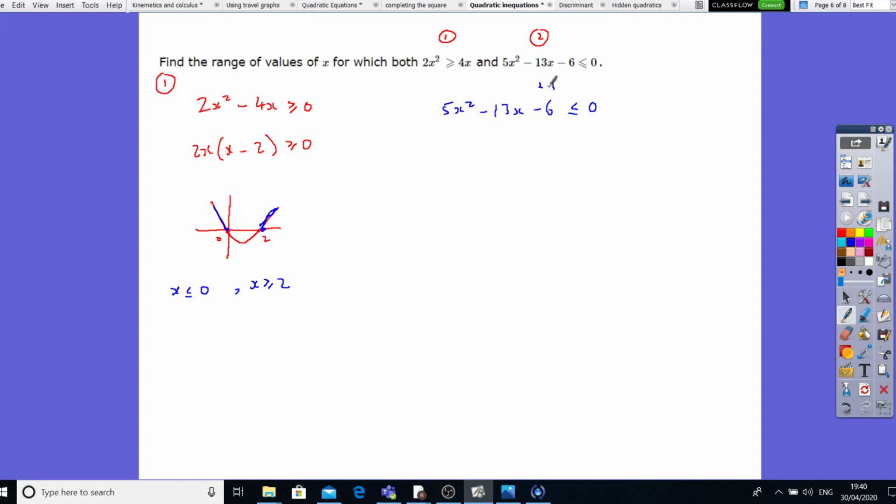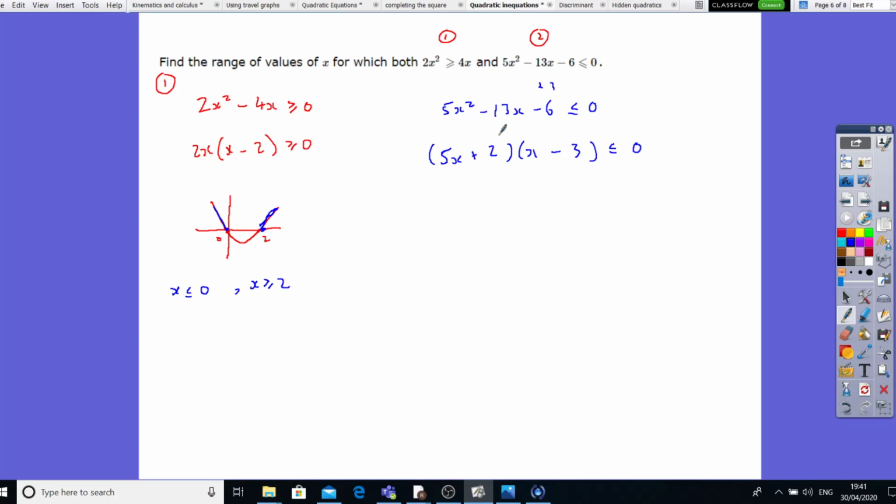So I'm going to get 15 and then take away 2 is 13. Yeah. So if I put 5x in this corner, x here, so I'm going to times that by 3. Put the 2 there, so that's going to give me negative. That's going to be positive. That's less than or equal to 0.